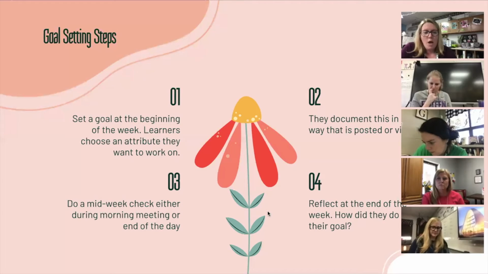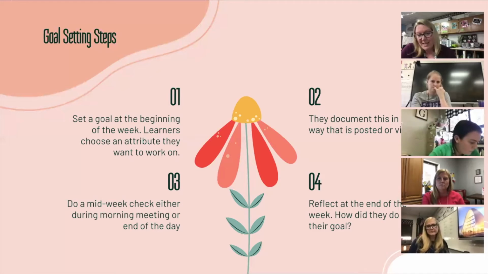So a mid check during the week is really great to see how they're doing. And then we reflect at the end of the week, and we do that again during our morning meeting time. How did they do with their goal? To make it consistent, it is nice to have them do it weekly. That way they know every Monday I do this, every Friday I do this. So they get into that routine.